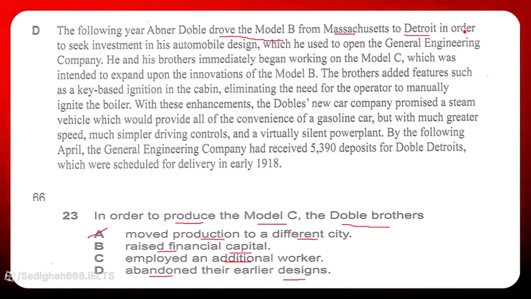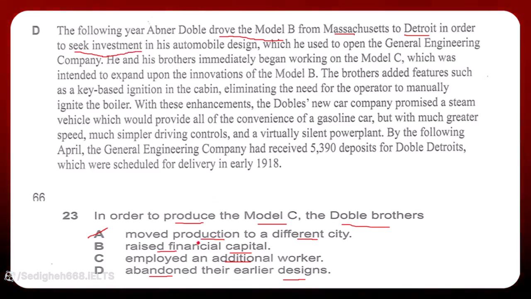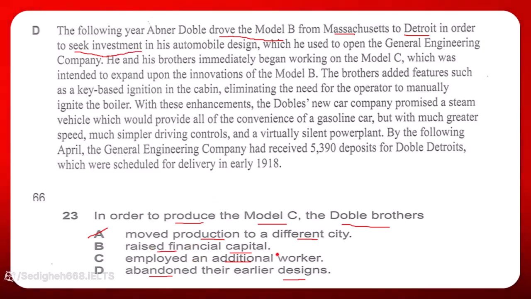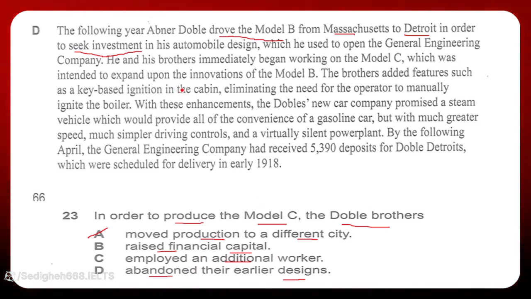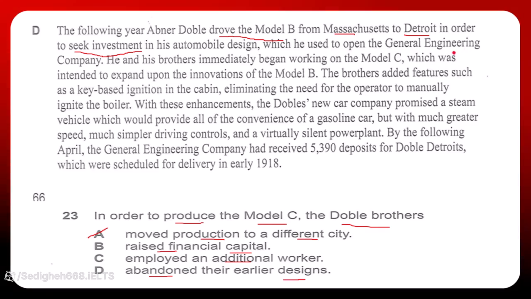And then we say, in order to seek investment in his automobile design. So seek investment is the same as raised financial capitals. It means to collect money for something. So it can be one useful keyword for us, which he used to open the General Engineering Company.